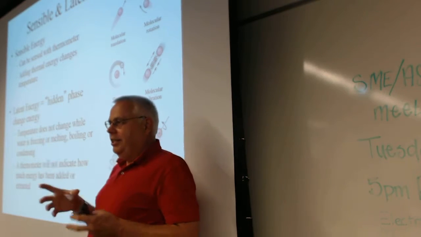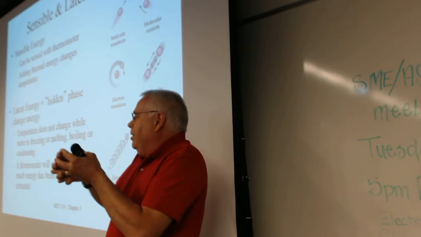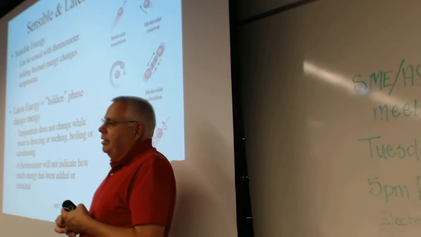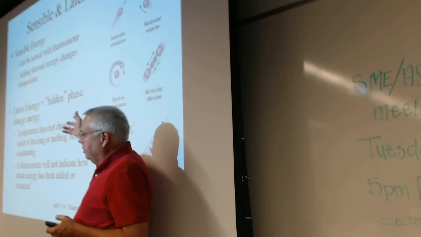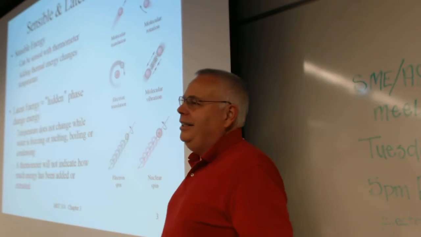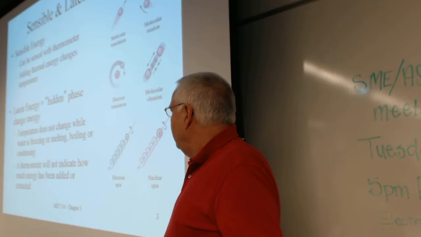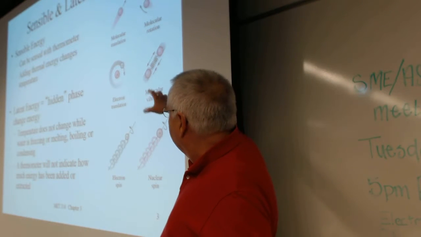That's why it's a C, it's a heat capacity. How much heat can something absorb to go up a degree? So it's heat capacity versus the latent heat. And all of that has to do with this molecular motion.